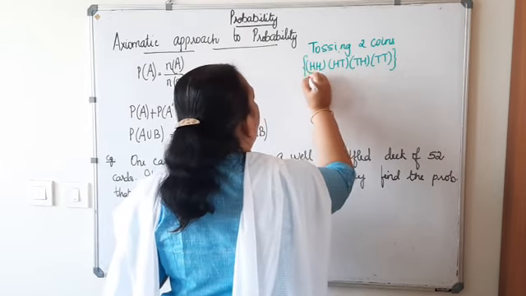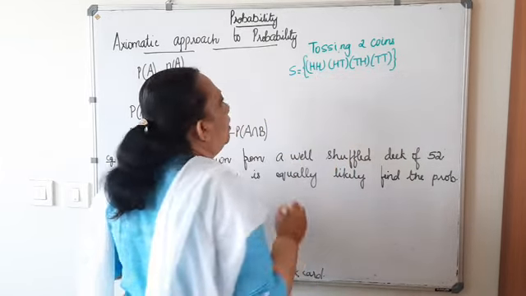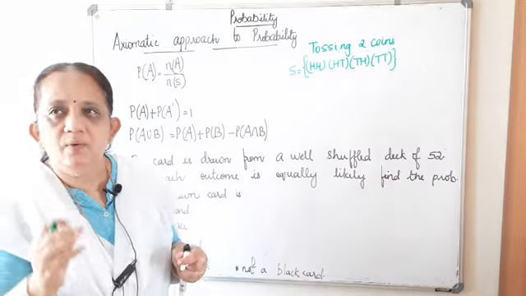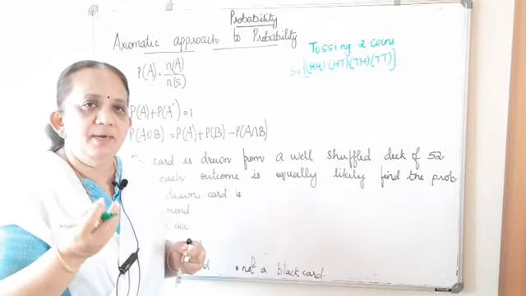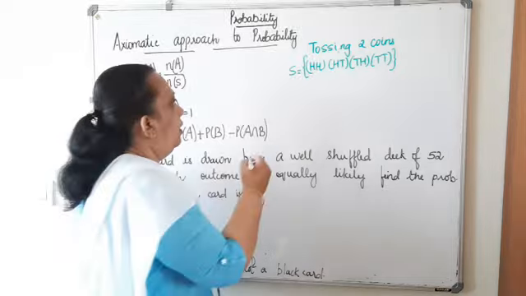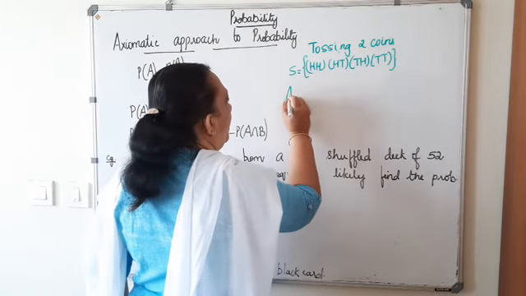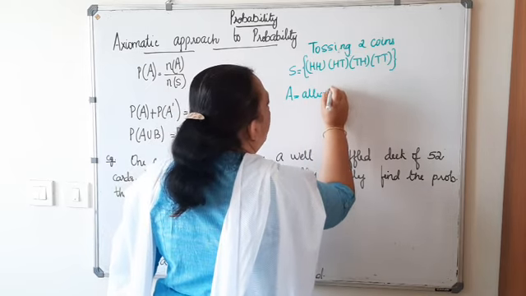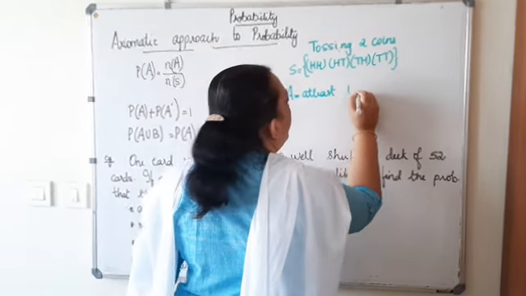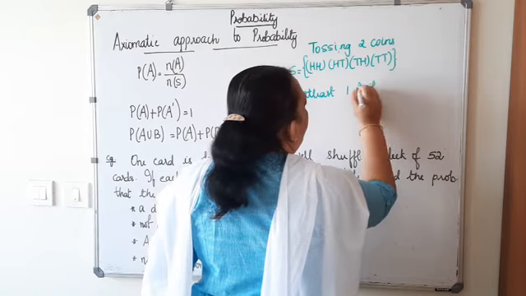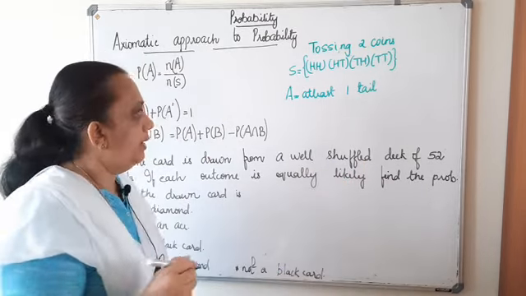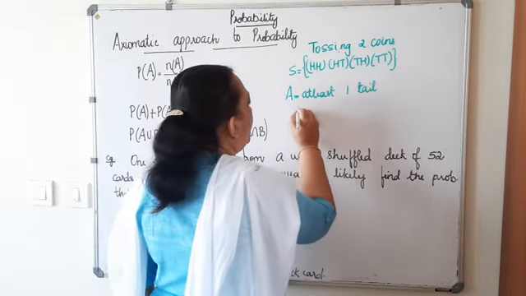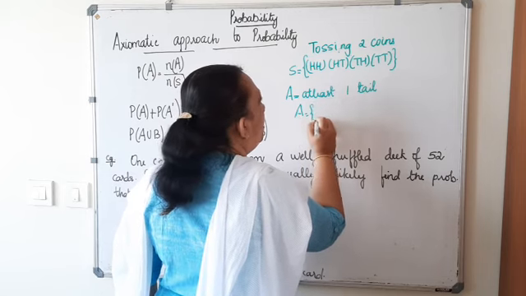This is the sample space. Now, what is an event? An event is a subset of the sample space. So we are observing A is equal to at least one tail.